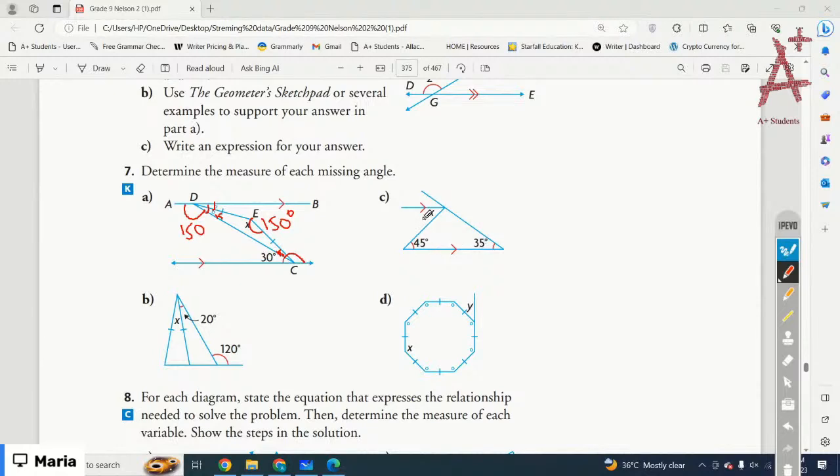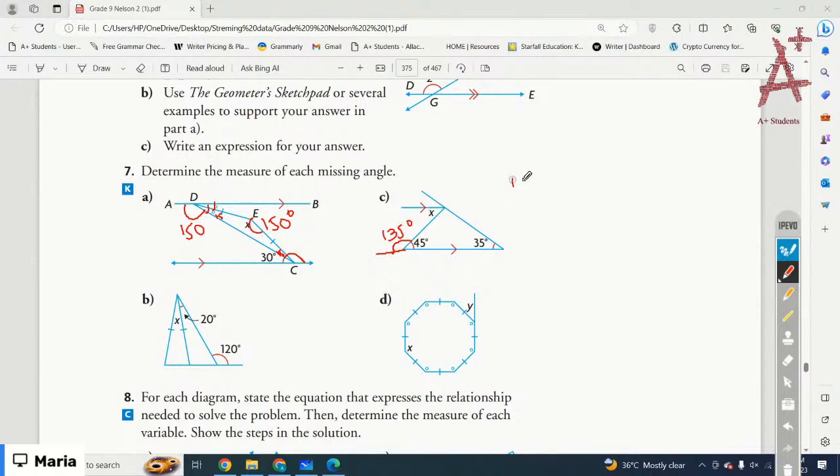Okay, 45, 35, and angle X. If you extend this line like this, sum of 45 plus this one is 180, right? So 180 minus 45 is 135. That means this is 135, right?